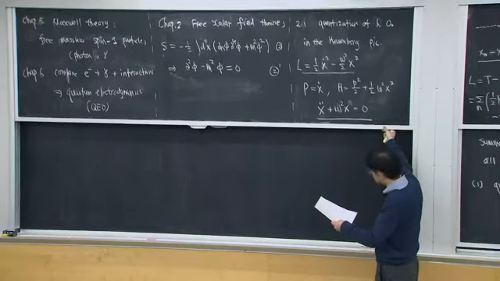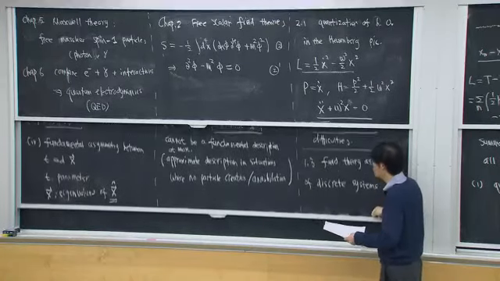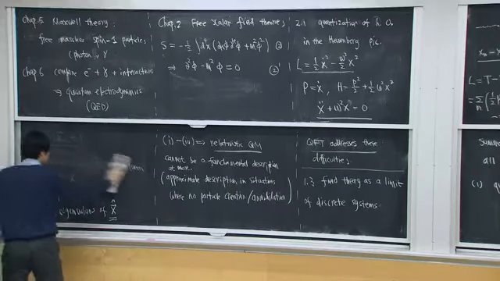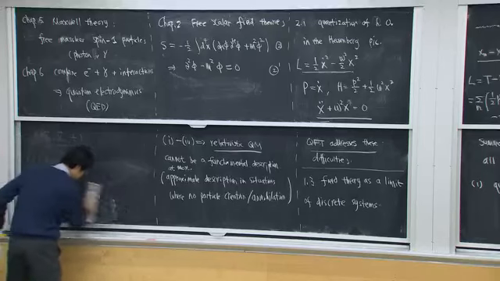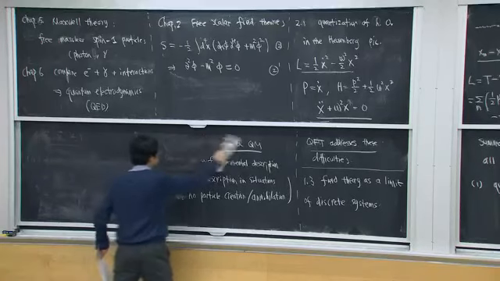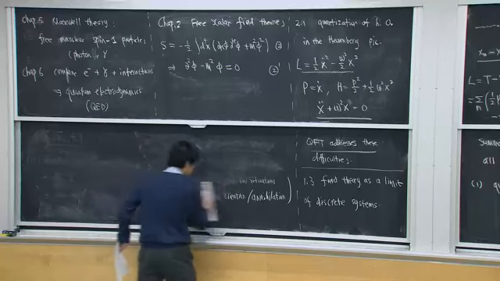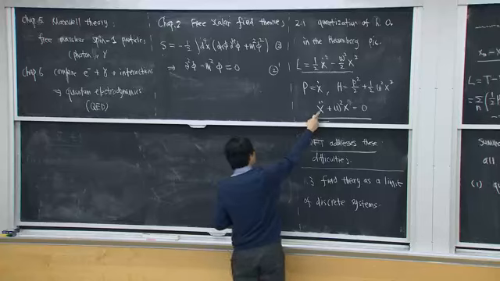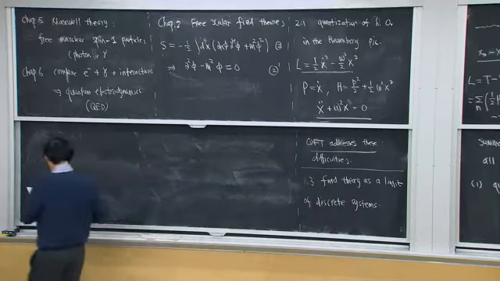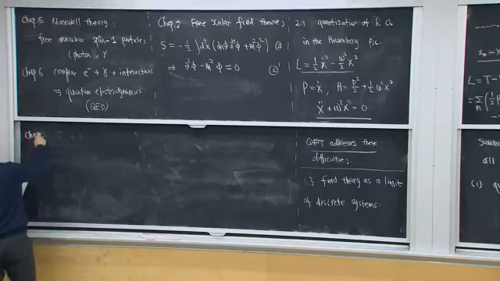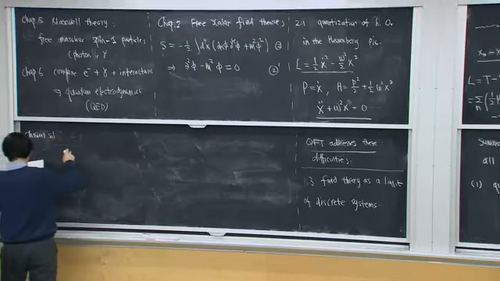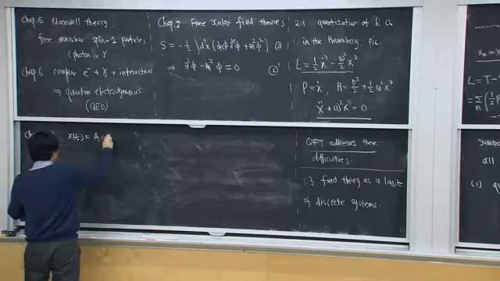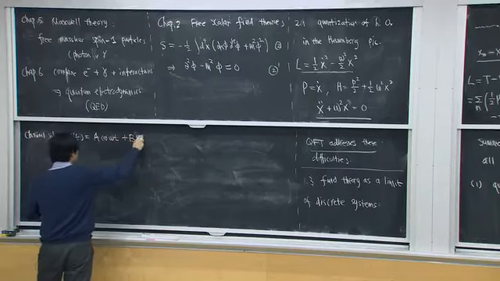So let's first look at harmonic oscillator as a classical theory. For classical theory, we know how to solve this equation. We just need to solve this equation. So the classical solution is just given by x(t) equal to a cosine omega t plus b sine omega t.